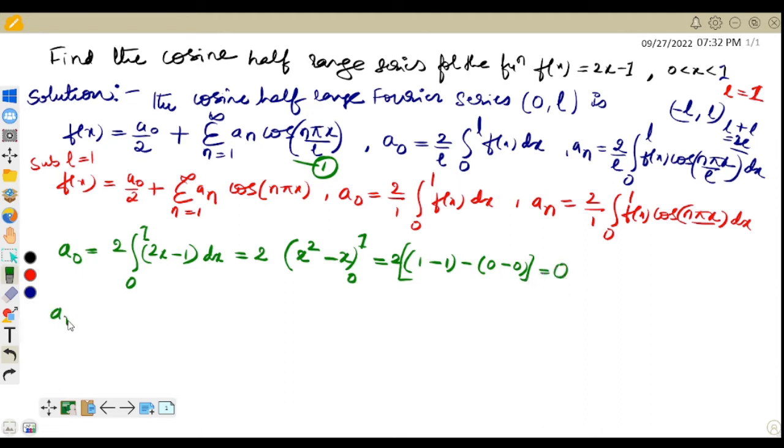So let me go for a n. a n equals 2 times the integral from 0 to 1 of f of x, which is 2x minus 1, into cos n pi x dx. Now we are going to use Bernoulli's rule. We are already aware of Bernoulli's rule.